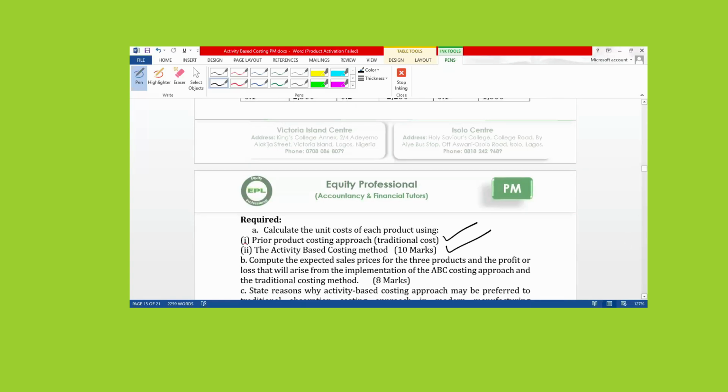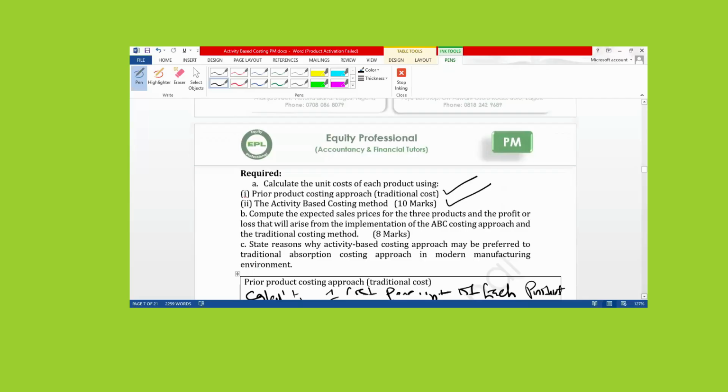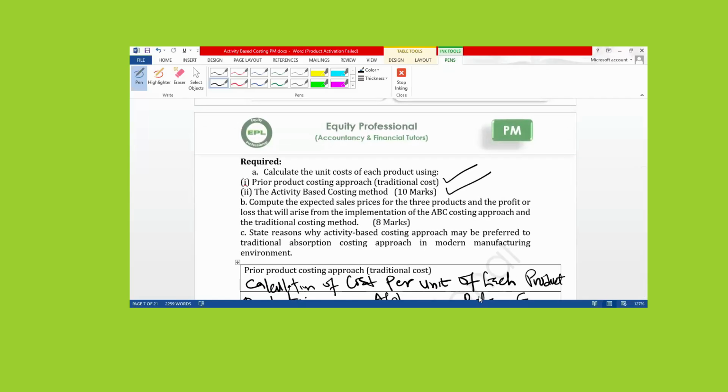State two reasons why activity-based costing approach may be preferred to traditional absorption costing approach in a modern manufacturing environment.